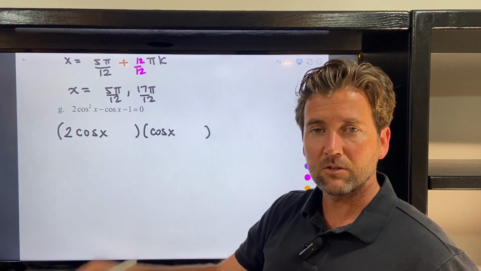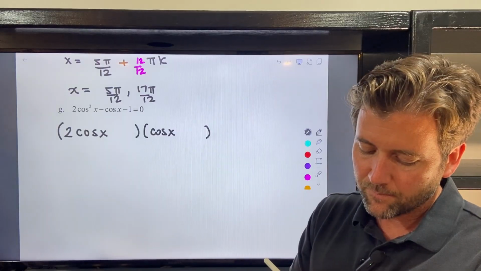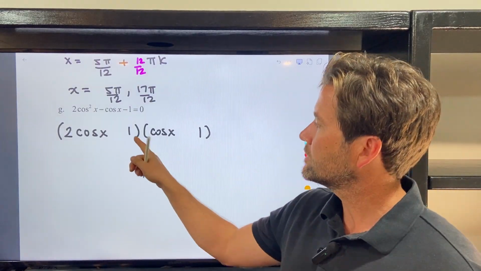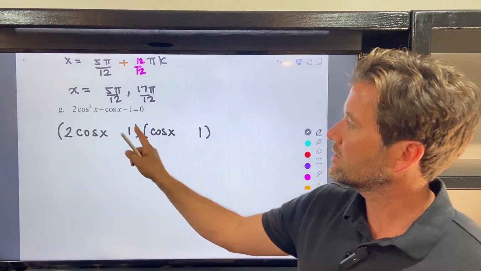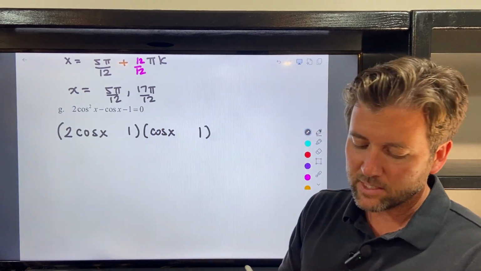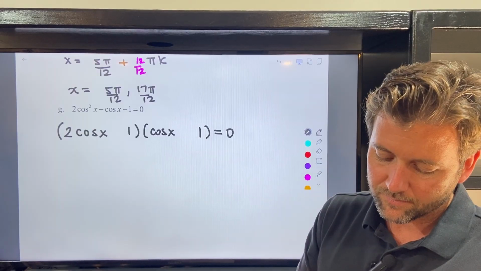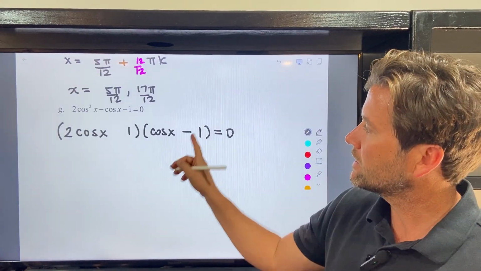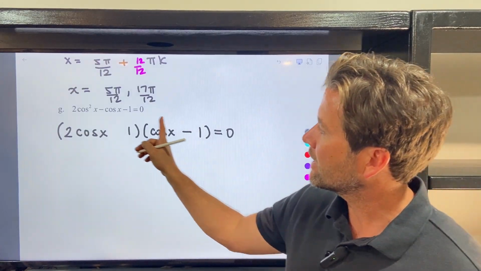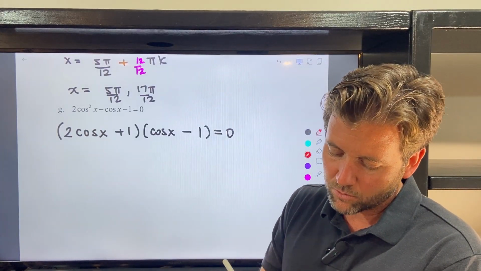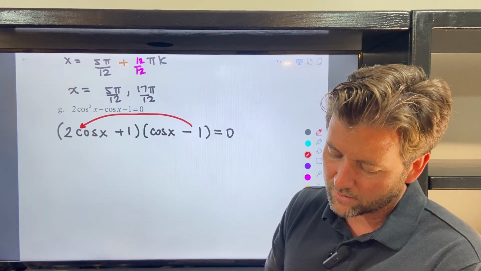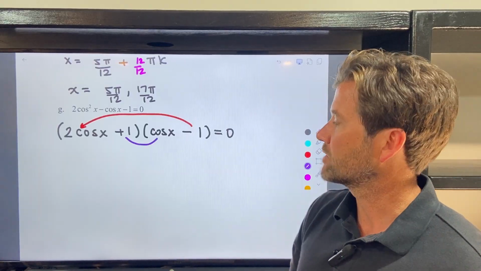Now our constant here is -1, so that means in each of these factors it would have to be a 1 and a 1 but this product has to be -1. So one of these has to be a minus sign, and one has to be a plus sign. So I can see if I let this be -1, that'd be -2 cosine x. So this would be -2 cosine x, and this would be positive cosine of x.